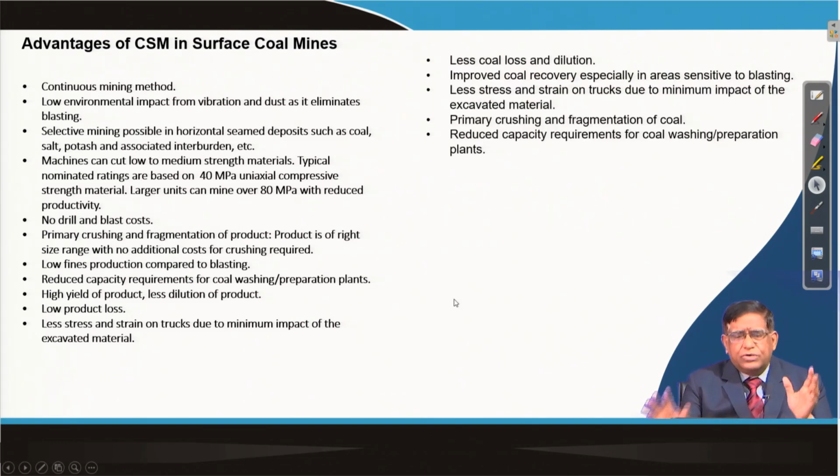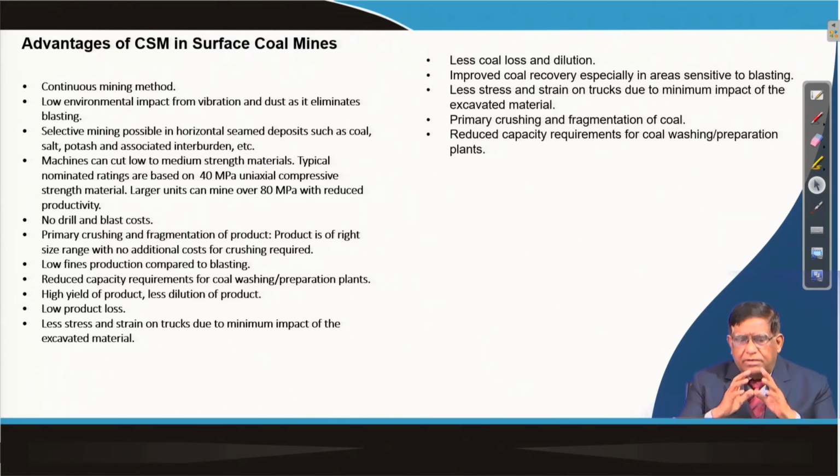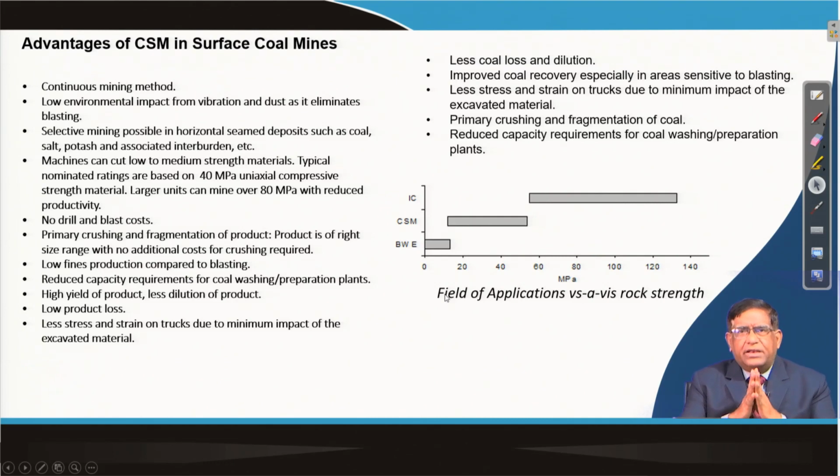So, comparing all those things, this can be a very useful machine because of its lower coal loss and dilution, its improved coal recovery, the reduction of primary crushing needs, which means saving of energy, and there is no need of coal washing. So, by that a lot of savings are there. These advantages make it a very suitable machine, provided the compressive strength of the rock is suitable.